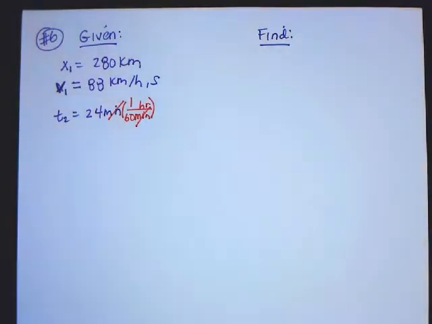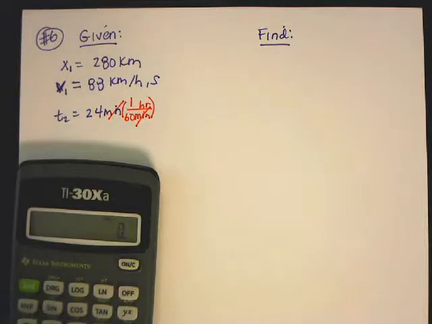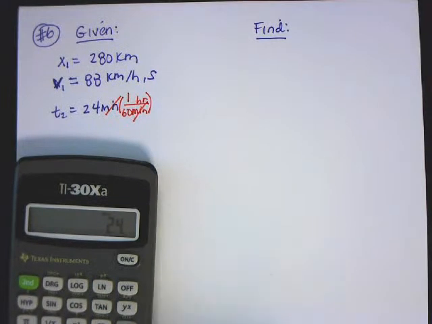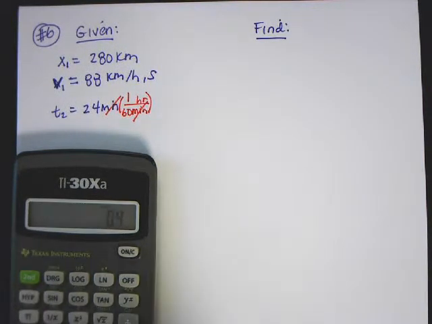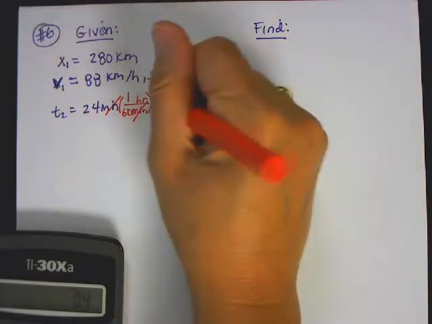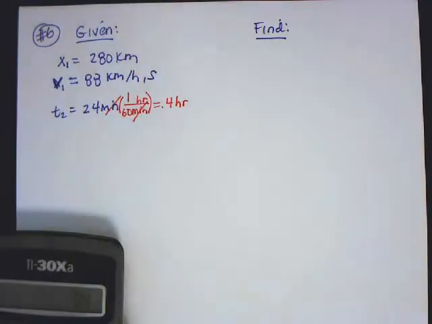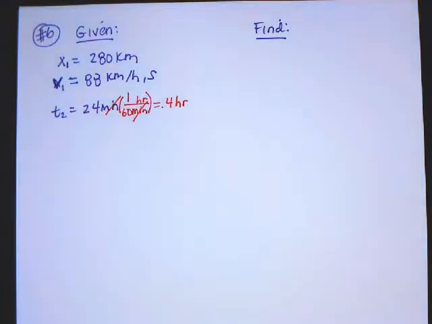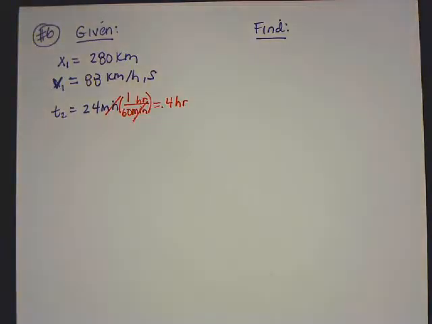So when I do that on my calculator, 24 divided by 60 comes out to be 0.4 hours. And if I don't convert it right away, then I'll see when I carry my units through that it doesn't work out.